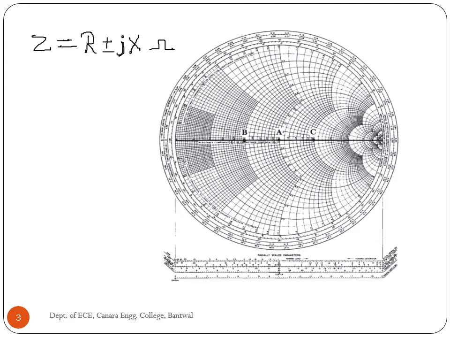Z is the complex impedance, R the resistive component of the impedance, X the reactive component of the impedance. The pure resistance line represents the situation where X is equal to 0 and the impedance is therefore equal to the resistive component only.